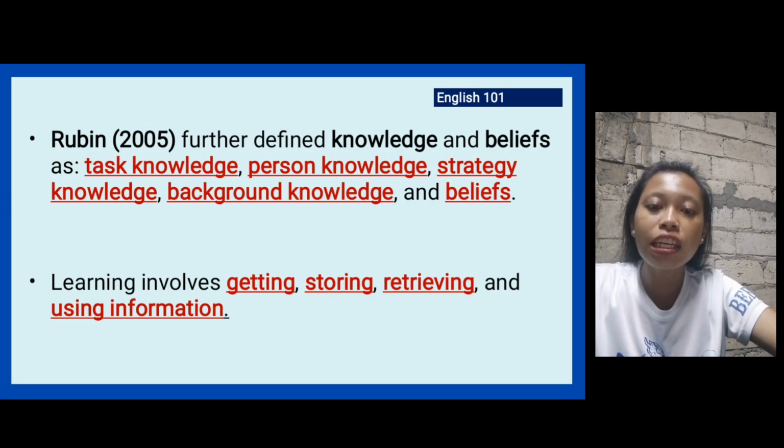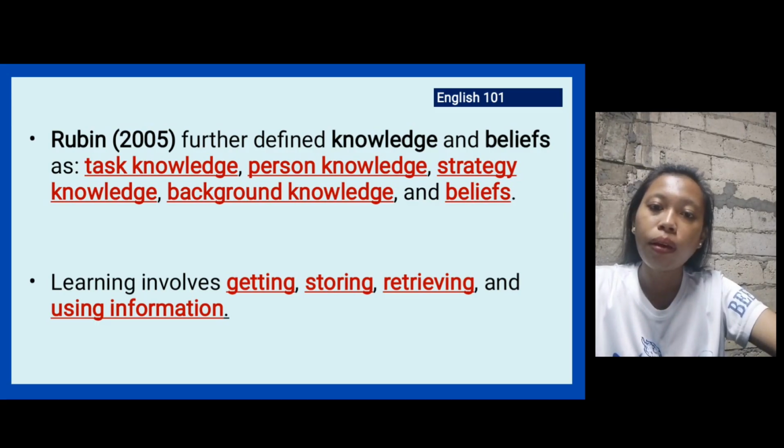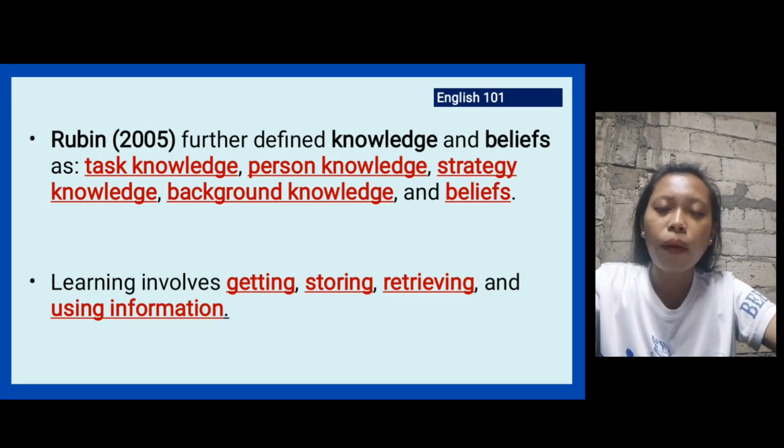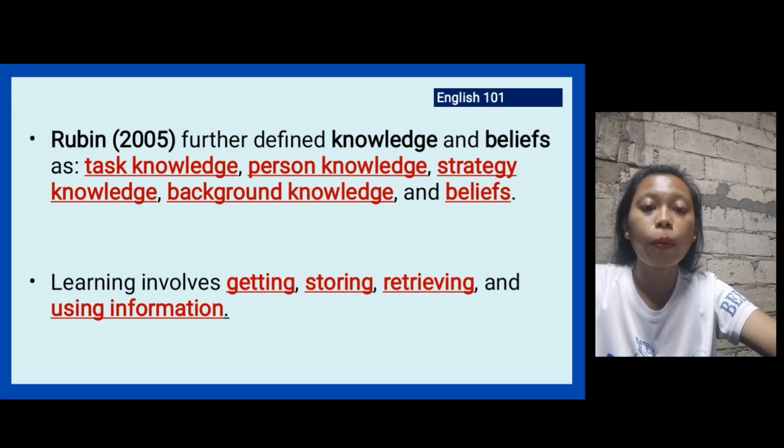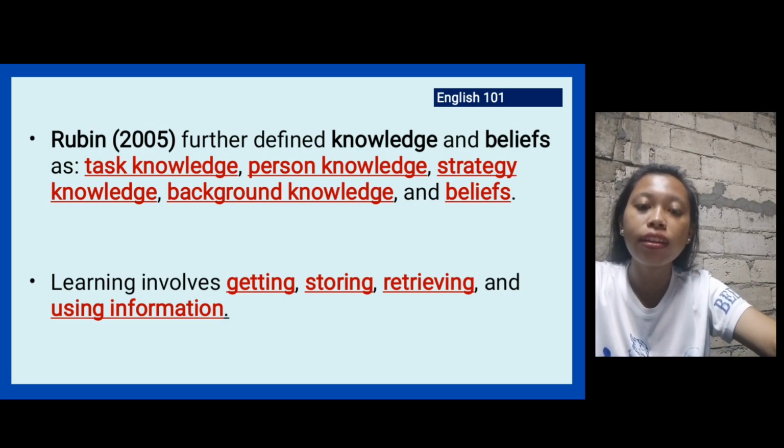Many cognitive strategies like being aware, paying attention, making guesses, testing ideas, and practicing help learners do this effectively. Memory is very important because it allows learners to store and retrieve what they learn.